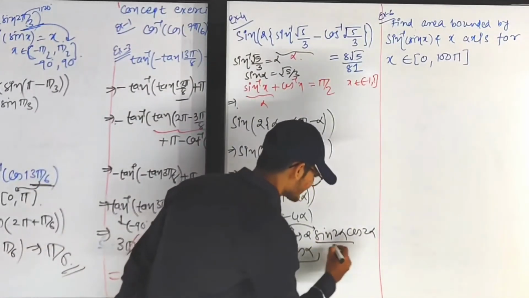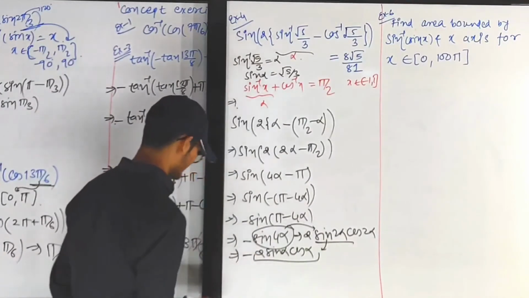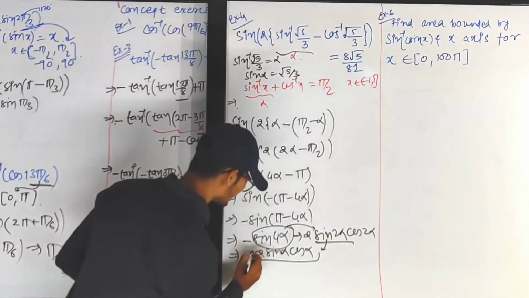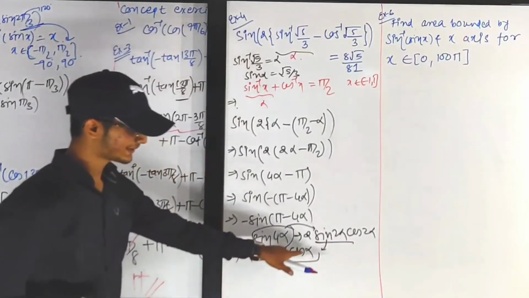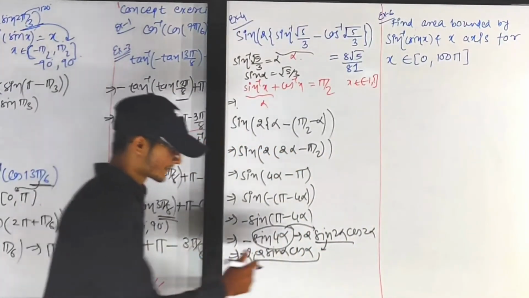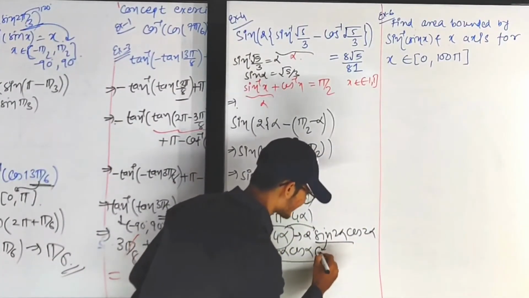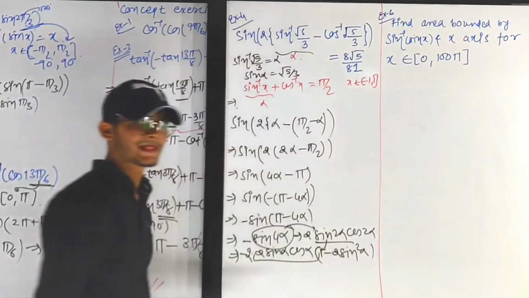Now again, what is the value of sine 2 alpha? 2 sine alpha cos alpha. So that can be written as 2 into 2 sine alpha cos alpha into cos 2 alpha. So what is the formula for cos 2 alpha? 1 minus 2 sine square alpha.